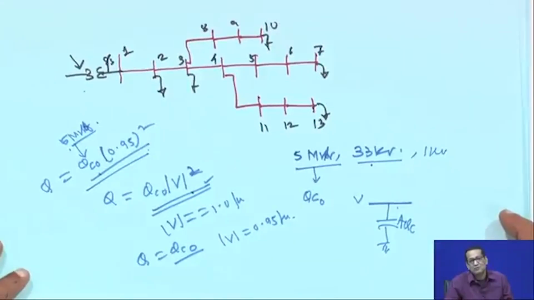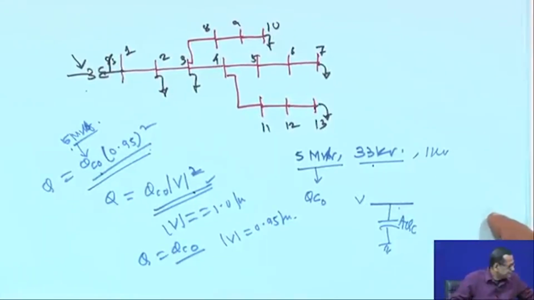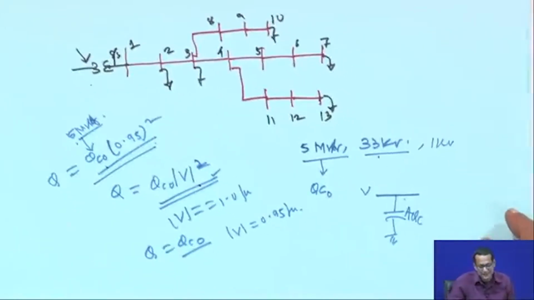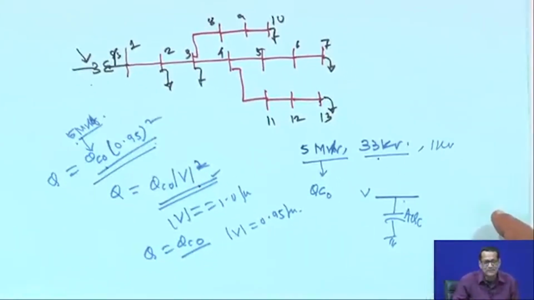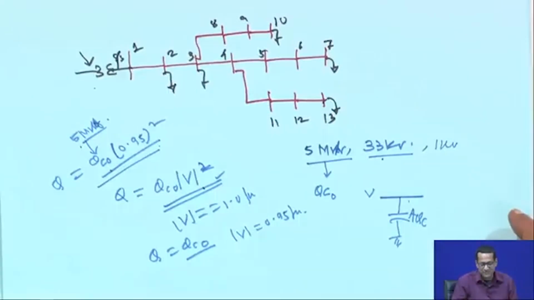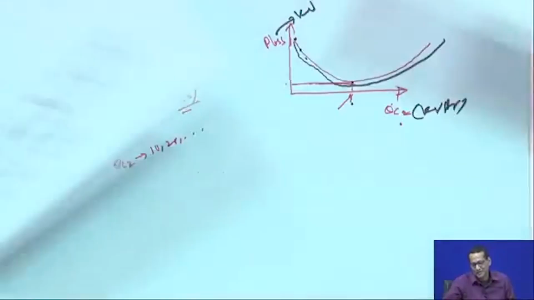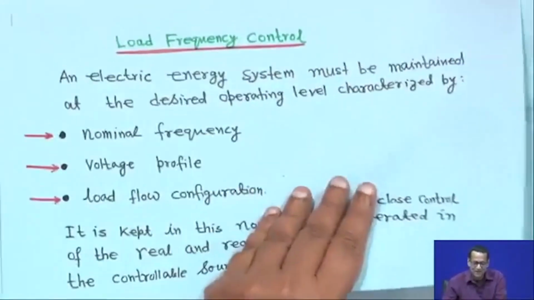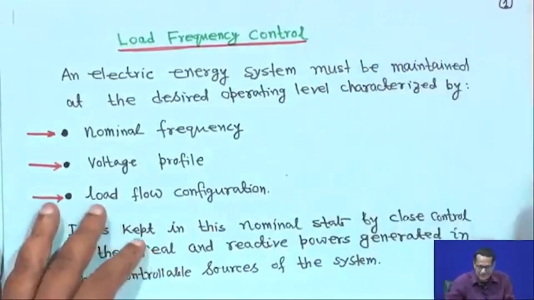With this, the application of capacitors to distribution system is covered. After that we will go to the load frequency control chapter, and I hope you try to understand this.